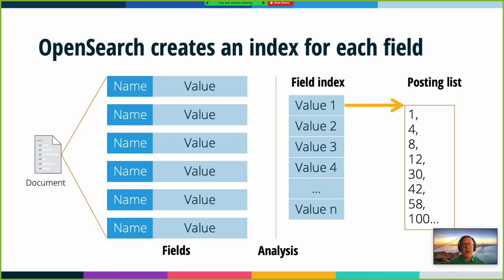You have a lot of different types: native numeric types, geotypes, text types, IP types. The process of moving from the raw value to the indexable value is called analysis. For each of these fields, you're going to analyze the value, and that gives you one or many terms, which are the entries in the index, and those point at the posting list.